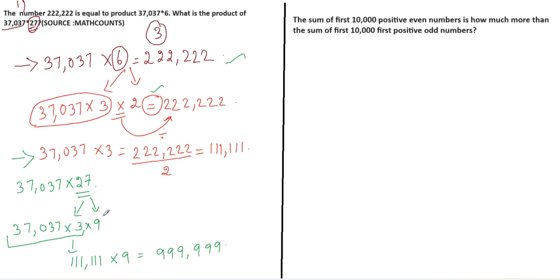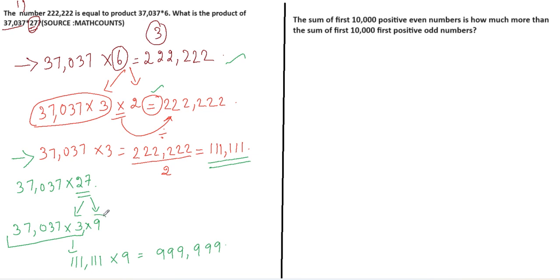The same replicates even for addition and subtraction as well, right? When you have an addition present on the left hand side and when it goes to the right hand side, it obviously becomes a subtraction. The same applies here as well. So 37037 into 3, the value is going to be 6 1s, 1,11,111. Now in the question, they are asking you to find 37037 into 27.